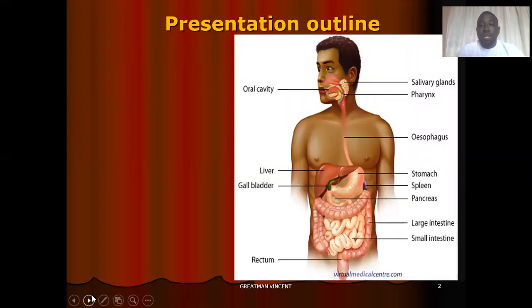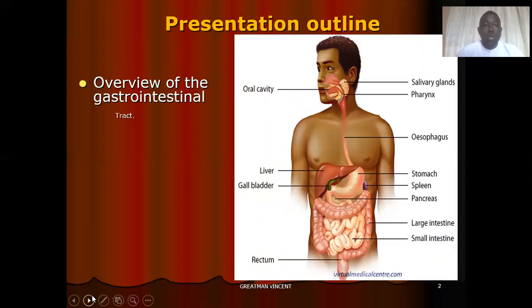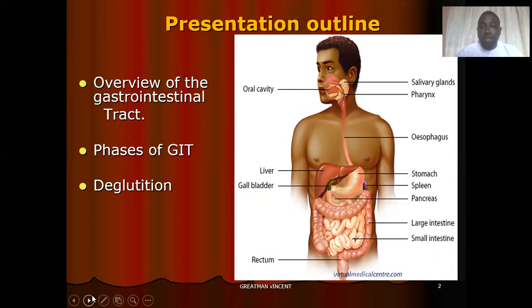Now, as part of my today's presentation outline, I'll be taking you through a whole overview of the gastrointestinal tract. And we also consider the phases of the GIT. The gastrointestinal tract is divided in different phases, so we'll be considering the phases as well. And then thirdly, we'll go to our main activity for today, which is deglutition, or in a more layman's point of view, swallowing.